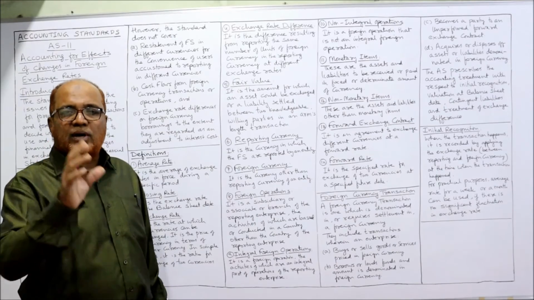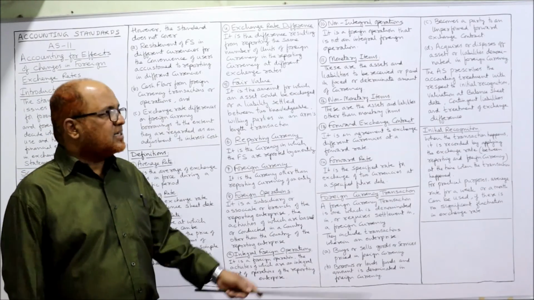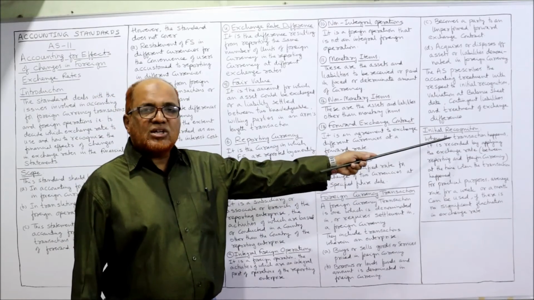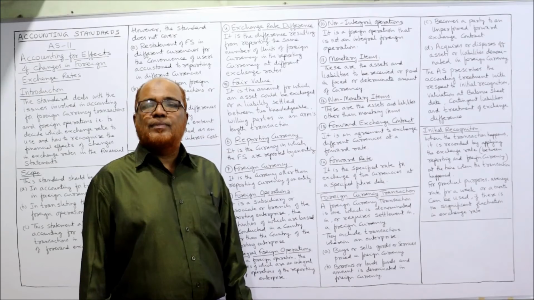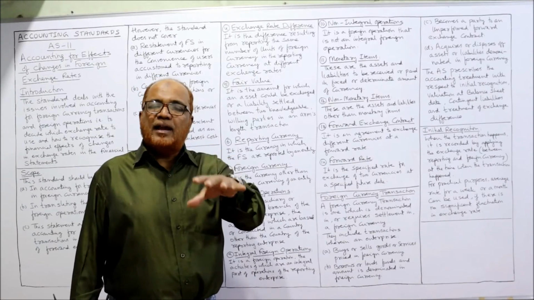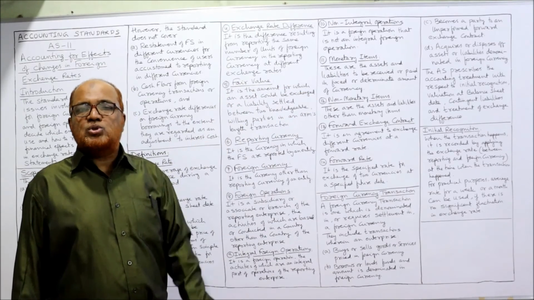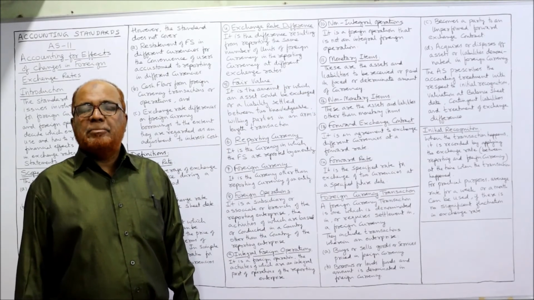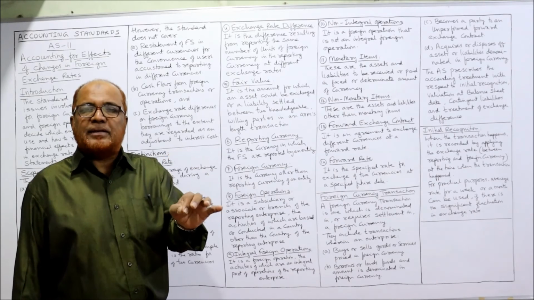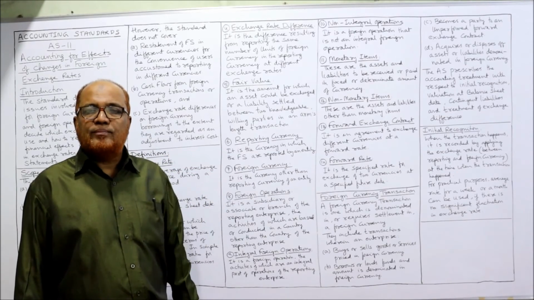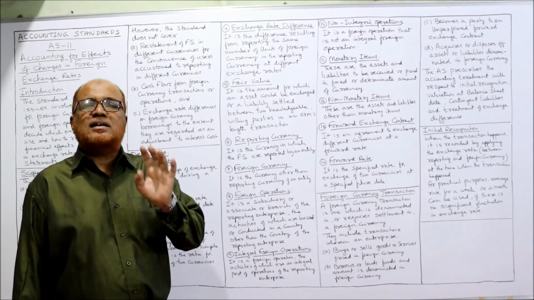All these things are covered by this AS11. The first point is regarding initial recognition. So what is initial recognition? When a transaction happens, it is recorded by applying the exchange rate. For example, an Indian exporter is exporting goods to a foreign entity. As soon as the transaction happens, it has to be recorded in the reporting entity's currency.